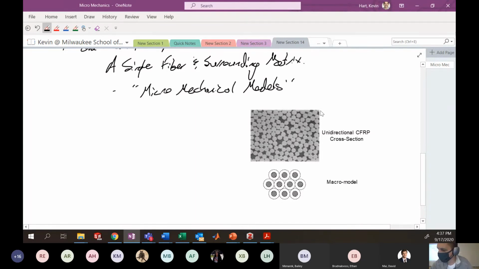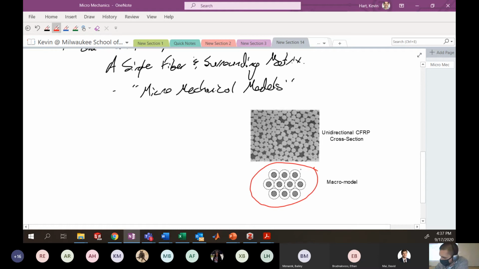Maybe red. You see all these individual fibers coming out at you, all these little circles, right? And so the model that you might want to think of looks something like this. Single fibers surrounded by an appropriate amount of matrix.